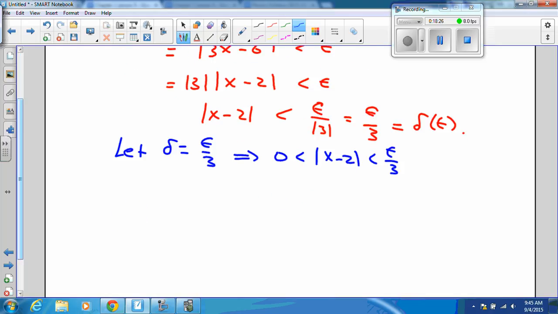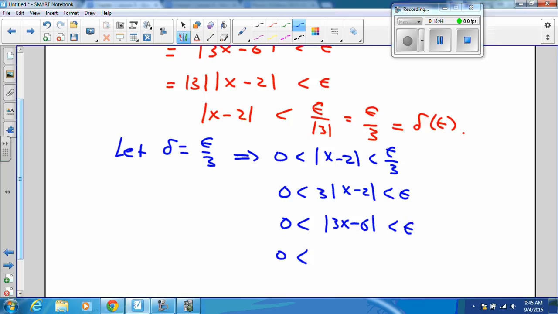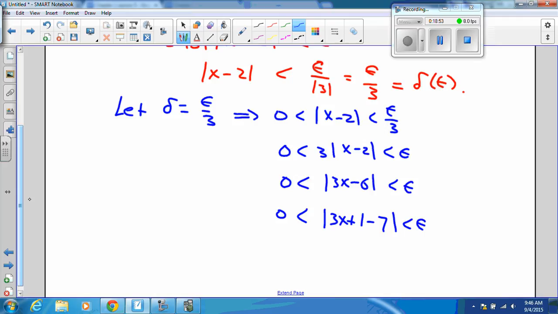Then, let's put the 0 back because we're doing a formal proof now. Then, when the absolute value of x minus 2 is less than epsilon over 3, that forces 3x minus 6 to be less than epsilon, and 3x minus 6 is f of x minus 7.